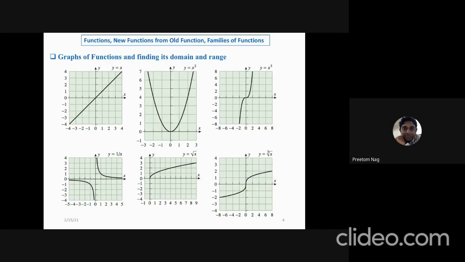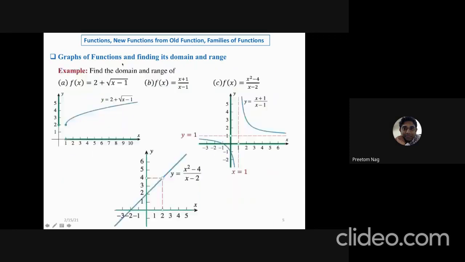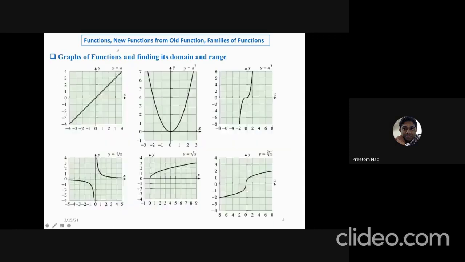So as you can see, these are very familiar functions. Y equal to x is a linear function, because the power of x in here is 1, right?